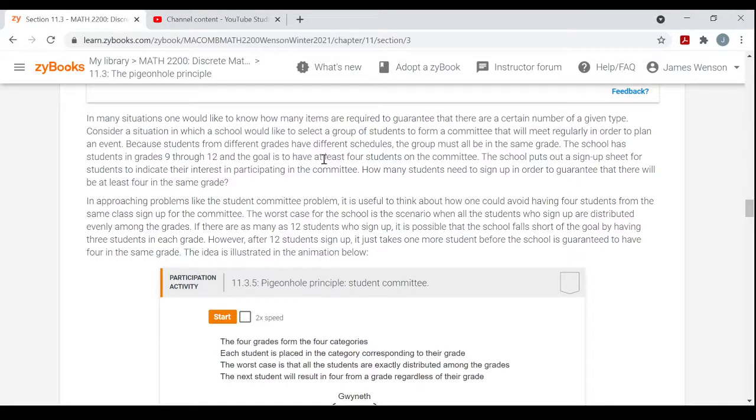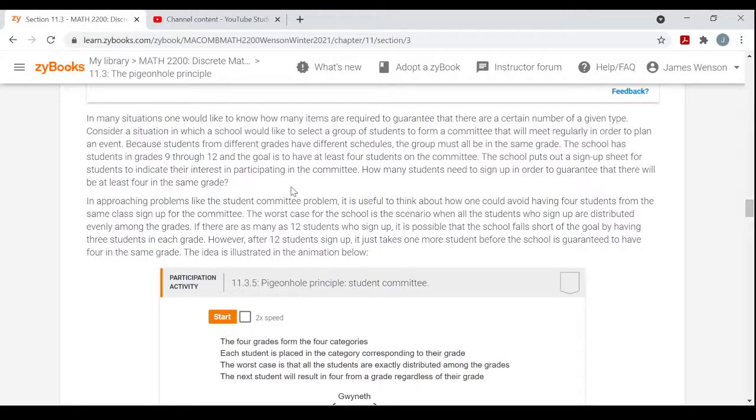And the goal is to have at least 4 students on the committee. The school puts out a sign-up sheet for students to indicate their interest in participating in the committee. How many students need to sign up in order to guarantee that there will be at least 4 in the same grade?